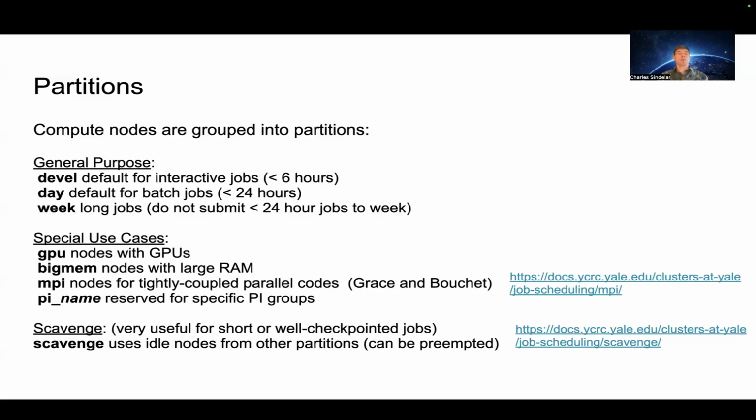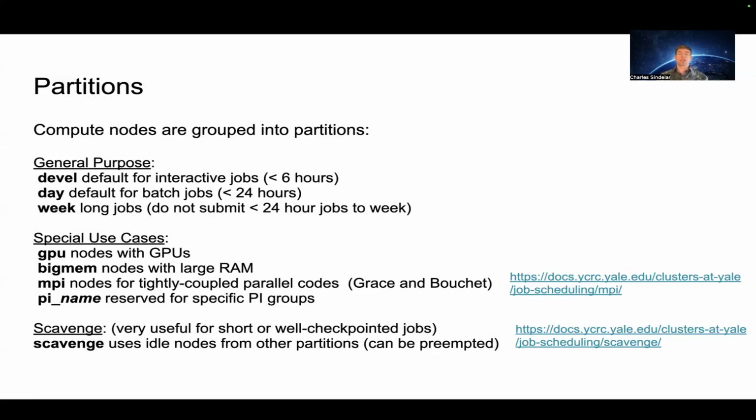And then there are MPI partitions, which are specially connected to each other to allow parallel codes to run more rapidly under the circumstances which MPI software uses. Also, there are partitions that belong to specific groups, and these are named PI underscore and then the name of the group.